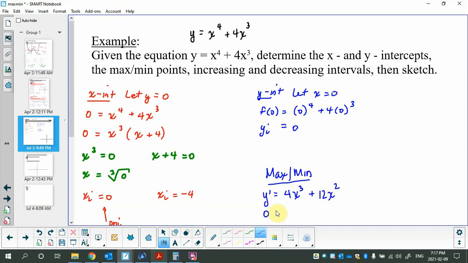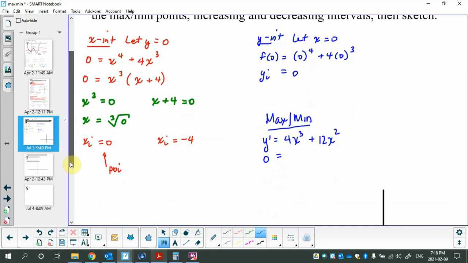And I have to set that equal to 0 according to my rules. I'm going to set it equal to 0 and factor because I can. So x plus 3, green pen, 4x squared equals 0, x plus 3 equals 0.